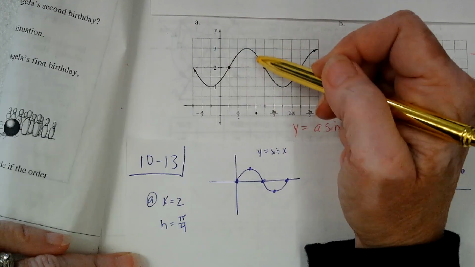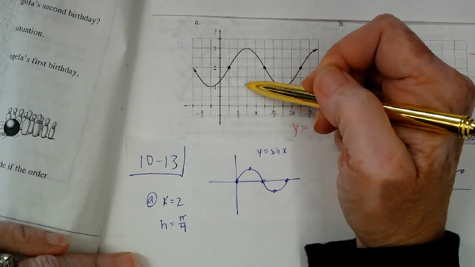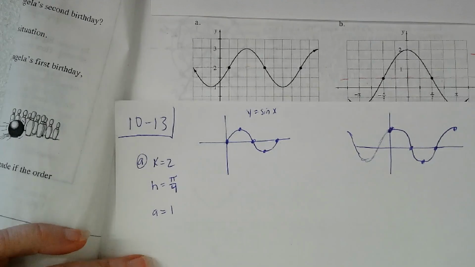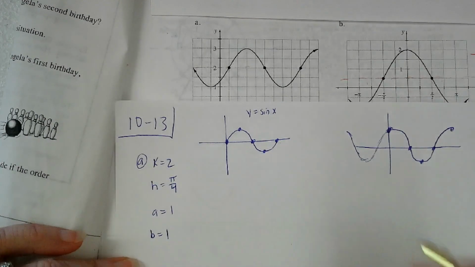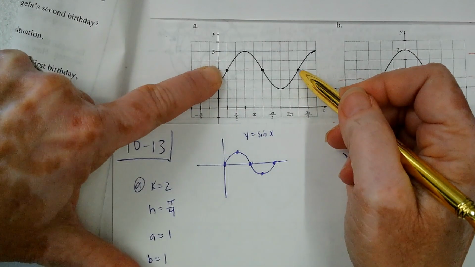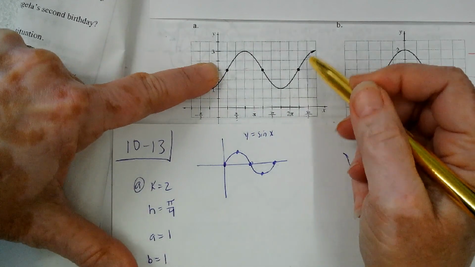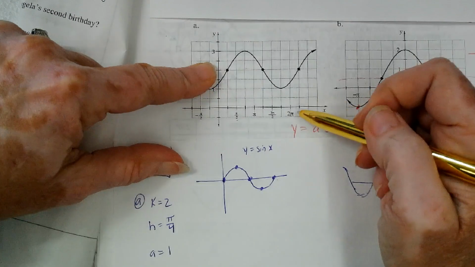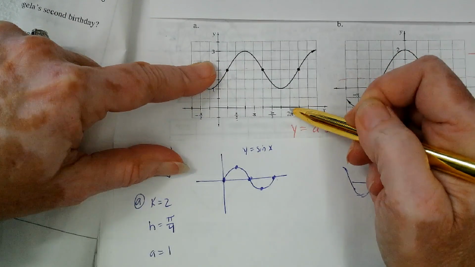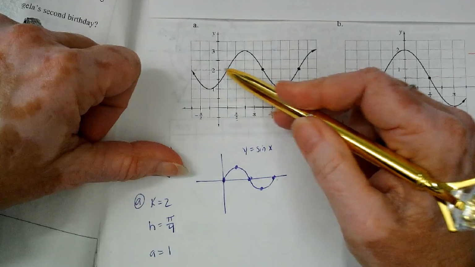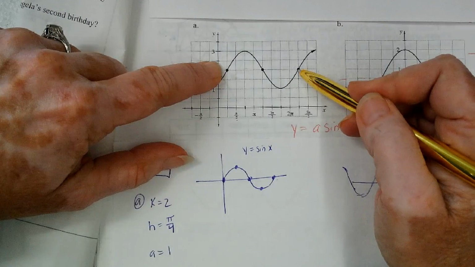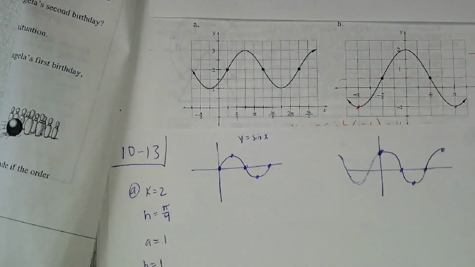These are counting by halves, so that's up by 1, and so A is just 1. I think B is also just 1, because B is 1 if from the beginning to the end equals 2 pi. It's kind of hard to tell, but it really does equal 2 pi, because this is shifted 1 past 2 pi, but this is shifted 1 past 0. So the total distance from here to here is 2 pi, so B is just going to be 1.